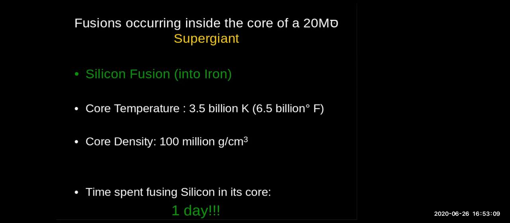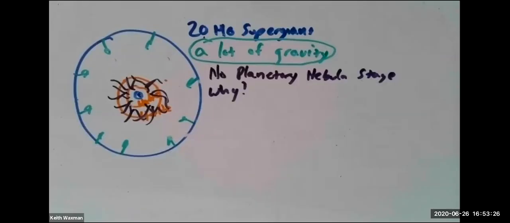After a day, what's gone? Silicon. What's left? Iron. Now, wow, we got to talk now. Because look at this. Let's look at what's going on here. We're going to end up with a core of dense iron gas eventually.